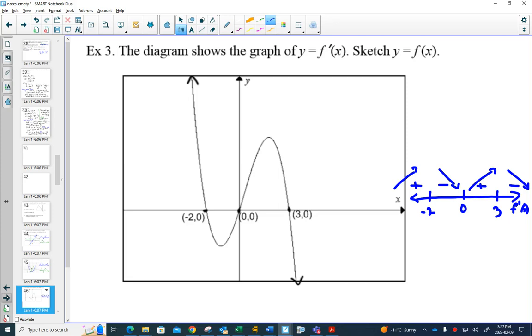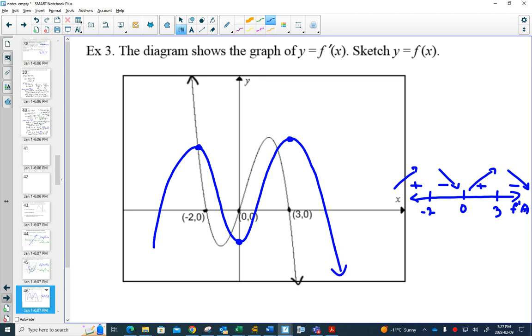So I'm going to pick a maximum, minimum, maximum. I don't know if that's exact. It might be moved up higher, it might be moved down lower. But the important thing is, do we have our maximums, minimums, and the right shape for this graph?